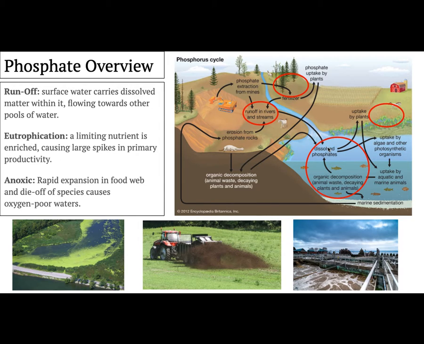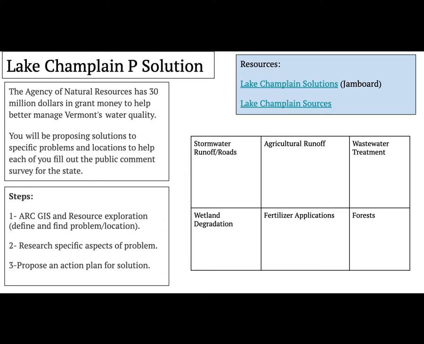So huge amounts of phosphates entering the water system causes huge amounts of primary productivity, but just like caffeine, a huge rush of caffeine causes a huge crash. We generally see food systems collapse as a result of that flux, causing our last term, anoxic, where everything dies off because of that huge upswing and downswing, causing really oxygen poor waters, which really prevents any ecosystem from rebounding. And we see that with fish die-offs in Lake Champlain.